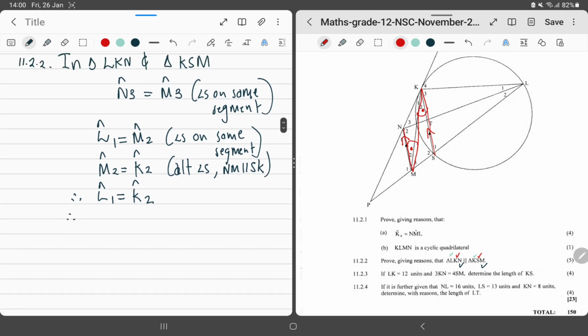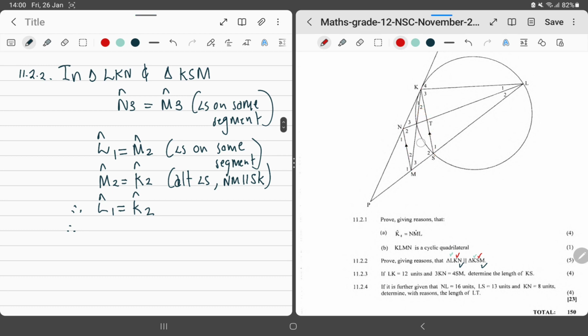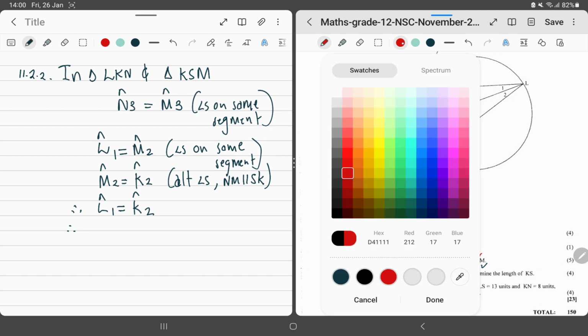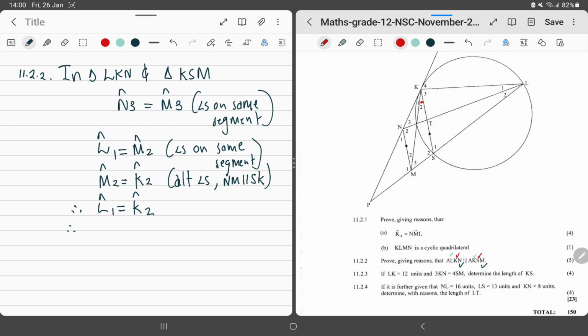Therefore, so we have K2 being equal to L1, and then we have N3 being equal to M3.